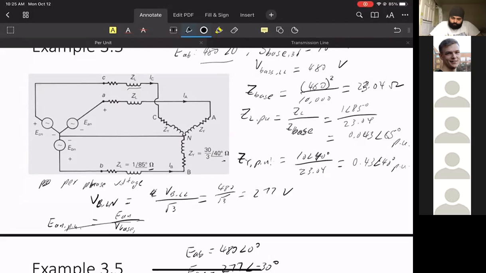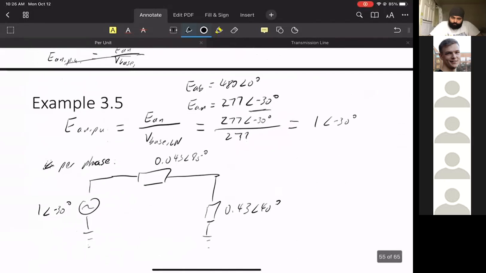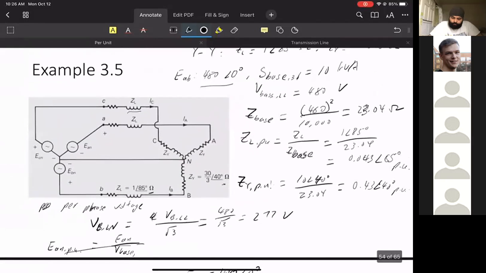So we don't sum, right? We're saying this is equivalent to 3 per phase circuits like this. Here we already have a YY connection. So for each phase, we have a ZY, and this is balanced 3 phase, so they're all equal value.